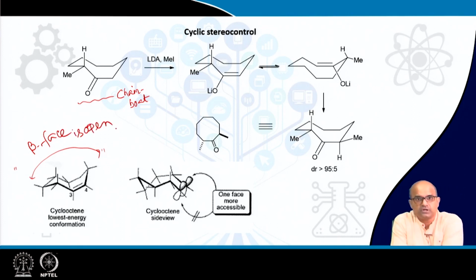You can have a side view, you just redraw it, this particular HOMO of the enolate is drawn in this way, and now the top face seems to be much more open or flexible, while the bottom face is very much squeezed.